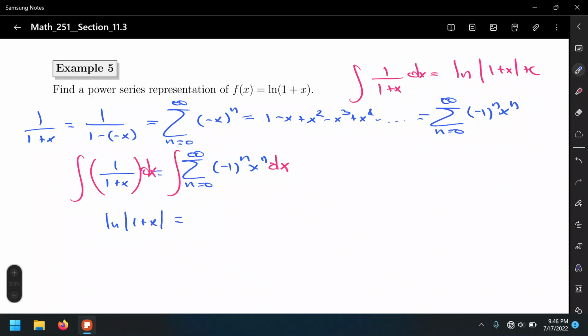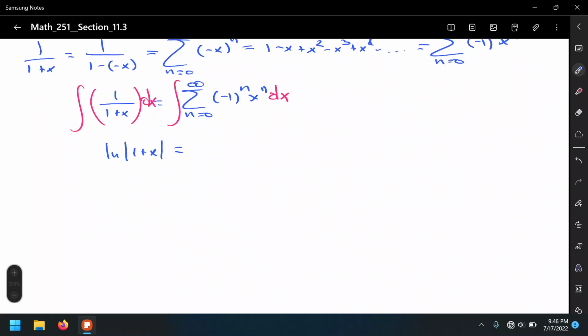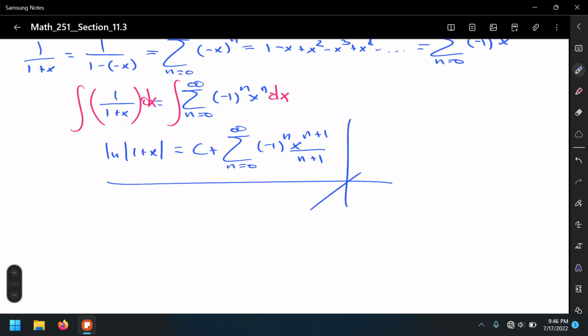In this case, the integral of simply x to the n will be, I'm going to leave a space here, you'll see why, sigma n equals 0 to infinity, negative 1 to the n, x to the n plus 1 over n plus 1. And of course the space is for the plus c because of the constant of integration. And this is the result that we wanted to obtain.